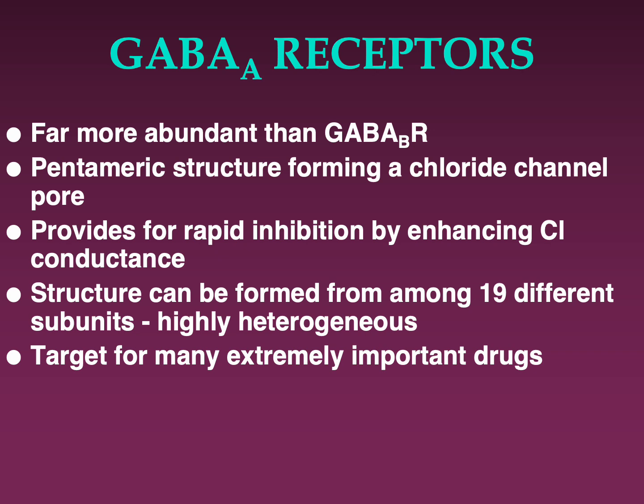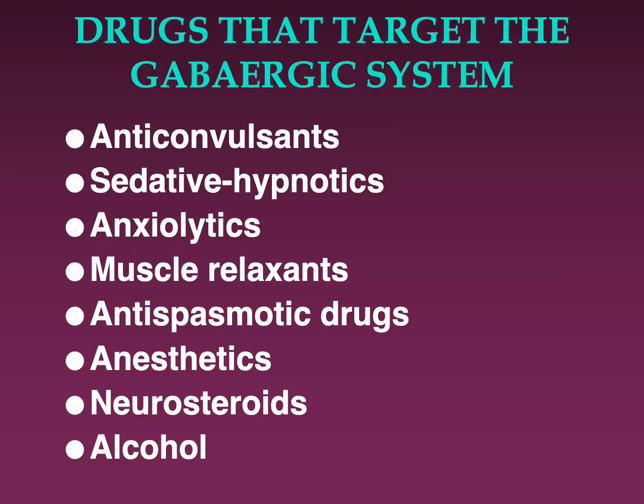So these GABA A receptors are highly heterogeneous. You can do a permutation of that. You'd get about 150,000 possible combinations. But so far, we've only identified about 500 that exist. But the other very important thing about the GABA A receptors is that they are the target for many extremely important drugs that are in use widely for many things. And I'll show you that on the next slide.